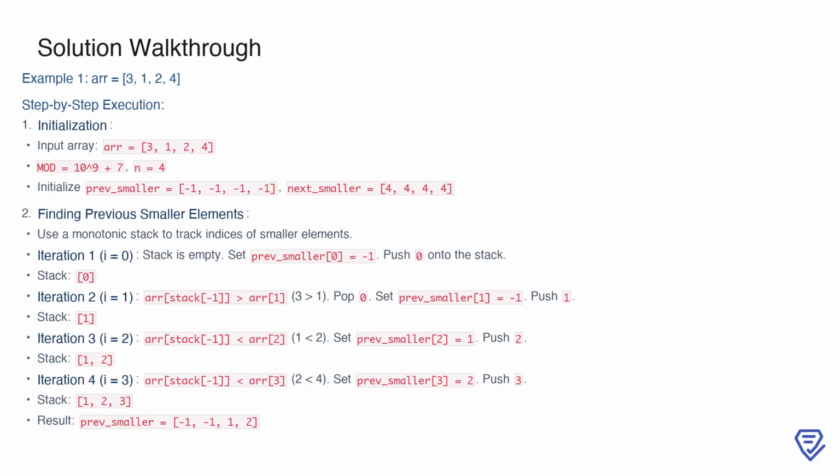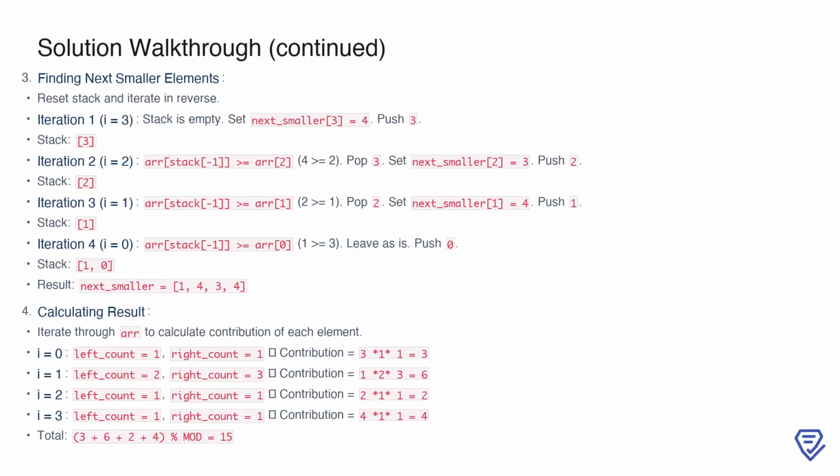For i equals 2, arr[stack[-1]] is less than arr[2], so we set prev_smaller[2] to 1 and push 2. Finally, at i equals 3, arr[stack[-1]] is less than arr[3], so prev_smaller[3] is set to 2, and 3 is pushed to the stack. The result of this step is prev_smaller equals [-1, -1, 1, 2].